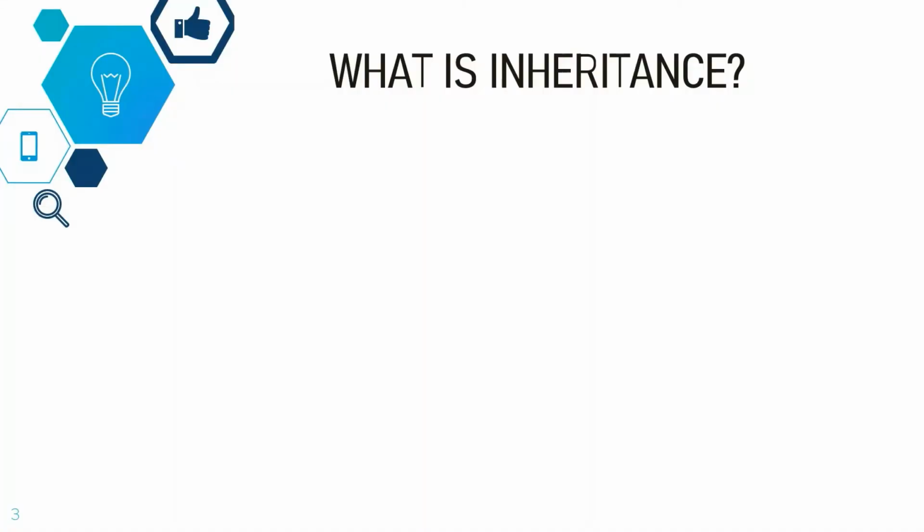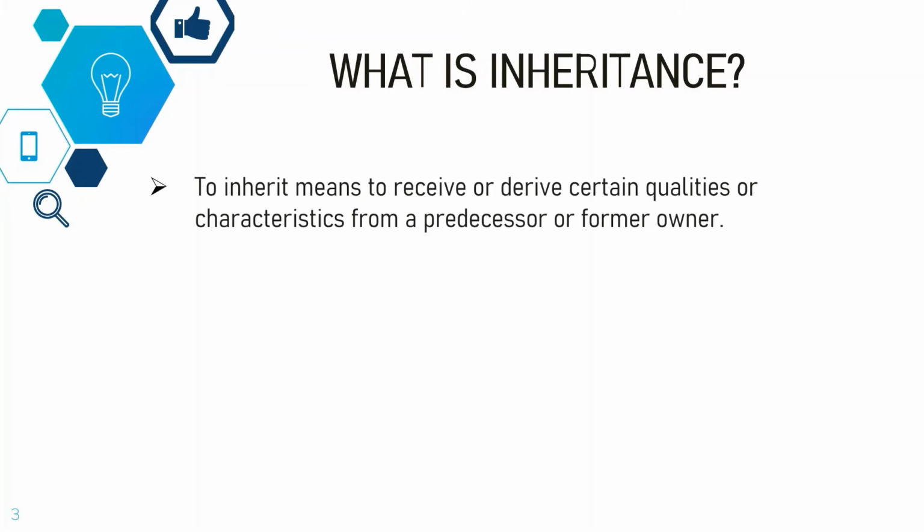So before we get into any technicalities of inheritance, let us first try to understand what we exactly mean by the term inheritance. In simple words, to inherit means to receive or derive certain qualities or characteristics from a predecessor or a former owner.